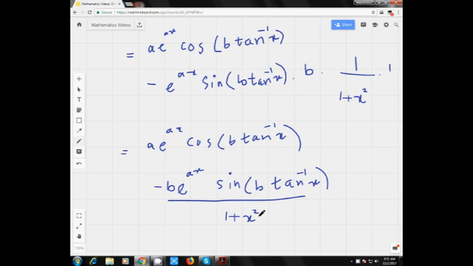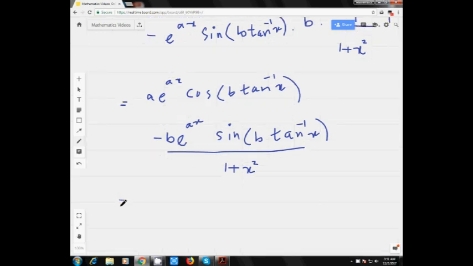Actually, you have to simplify it further. In the first expression and in the second expression, e raised to the power ax could be taken as common.